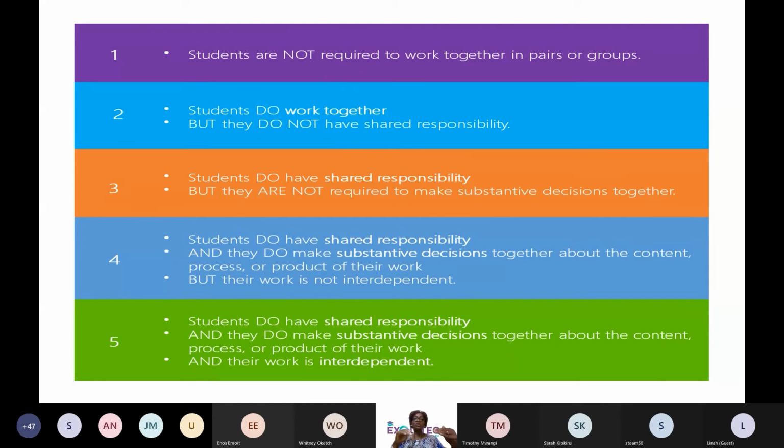If they were the ones who decided who does what, then the quality of collaboration has increased to level 4. So the students do have shared responsibilities and they were the ones who made their decisions together. But their work is not interdependent.